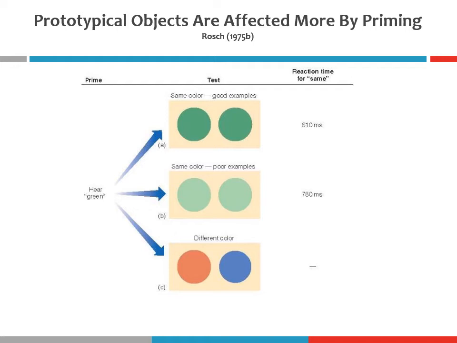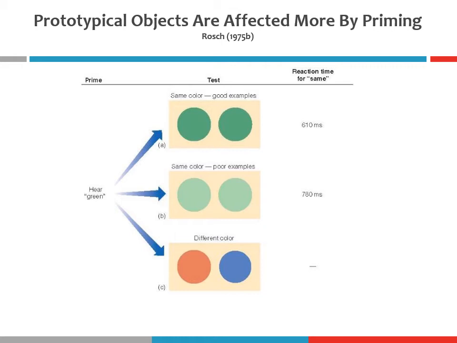The side-by-side colors that they saw were paired in 3 different ways. In the first group, at the top there, the colors were the same and they were good examples of the category. For example, there we see 2 good examples of the category green. They're both the bright primary colors that most people think of when they think of the color green.